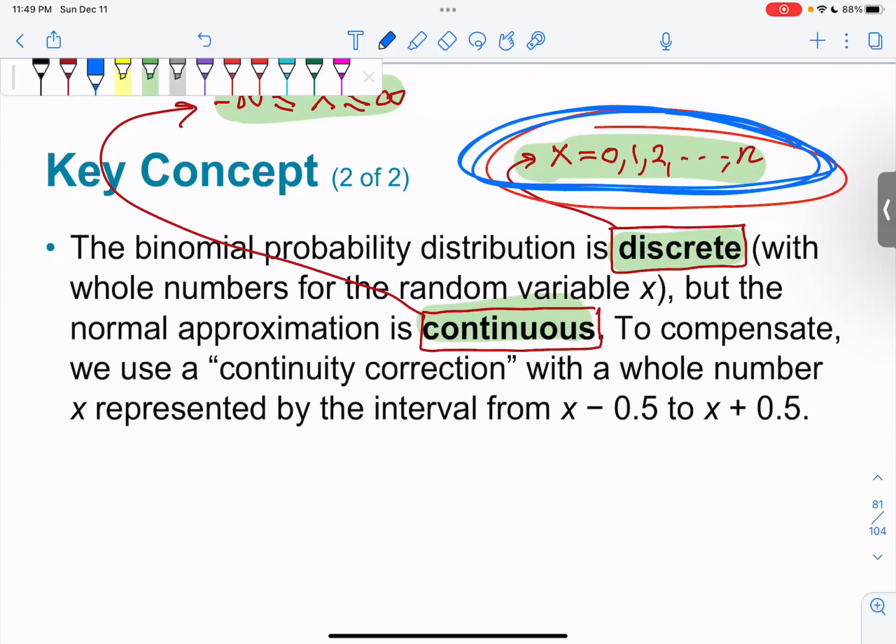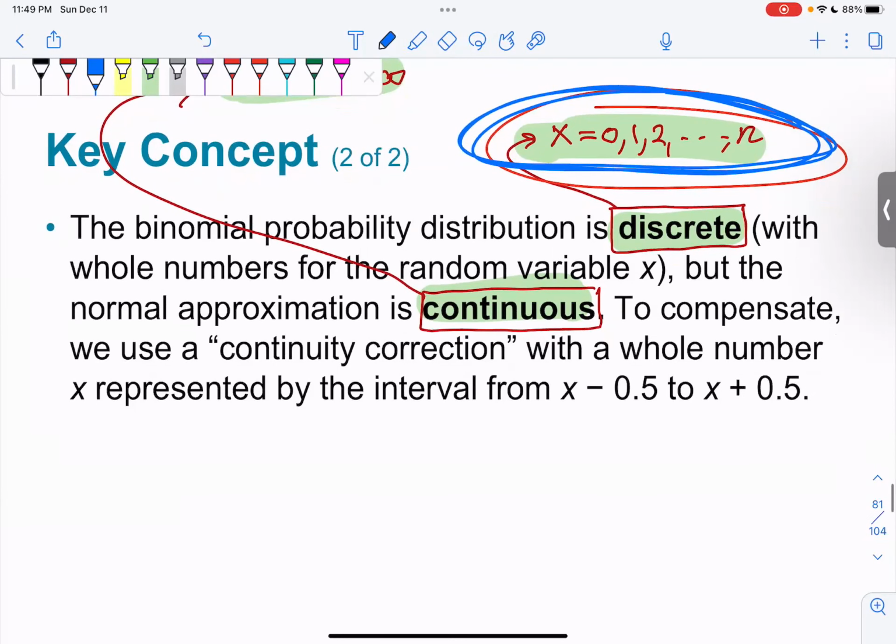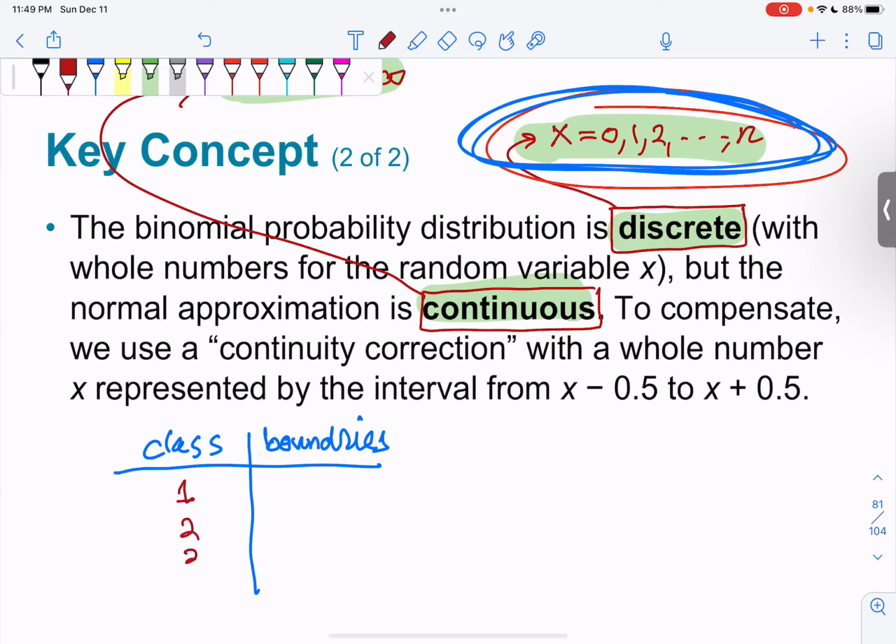How? Do you remember when we had a class and we found the real limits or boundaries? It will be the same idea. So if we have the random variable 1, 2, 3, and so on, and we want to find the real limit for 2, then we subtract 0.5 from the lower limit, which is 2, so it will be 1.5, and then add 0.5 to the upper limit, which is also 2, so it will be 2.5.